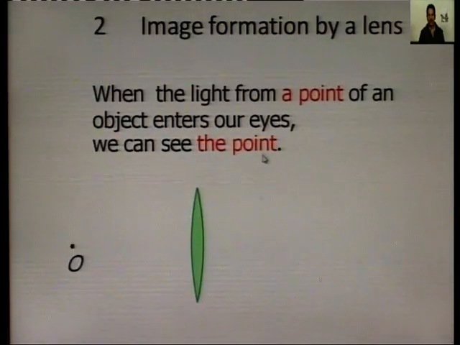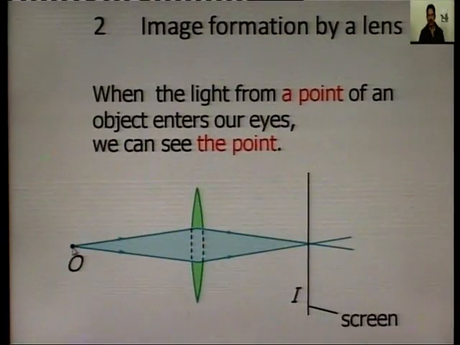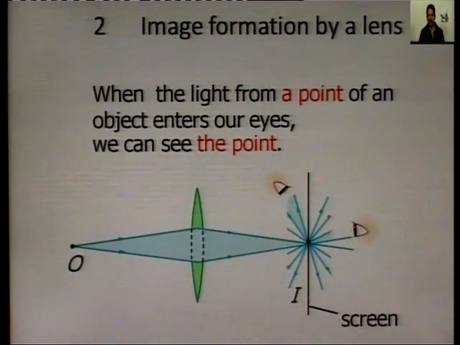So, let us have a convex lens and a point O placed here. The rays of light emerging from this point O, after refraction from this lens, will be brought to meet at a point, and this point is called image of the object.